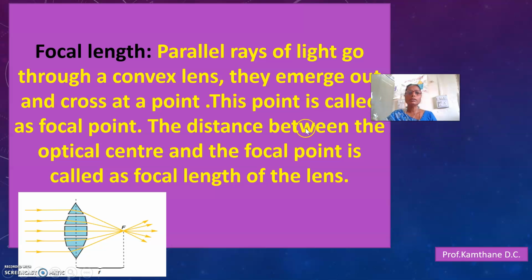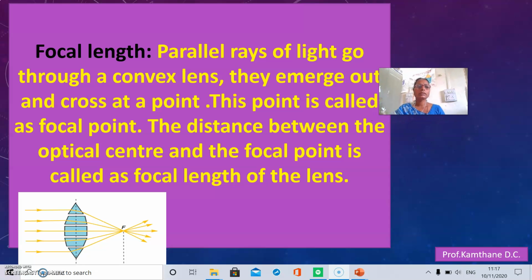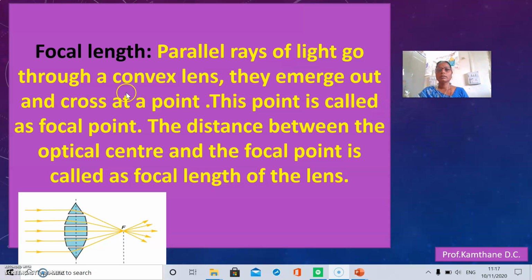The next terminology we see is the focal length. This is a convex lens, and the light rays pass through this lens, emerge and cross at a point, and this is called the focal point.